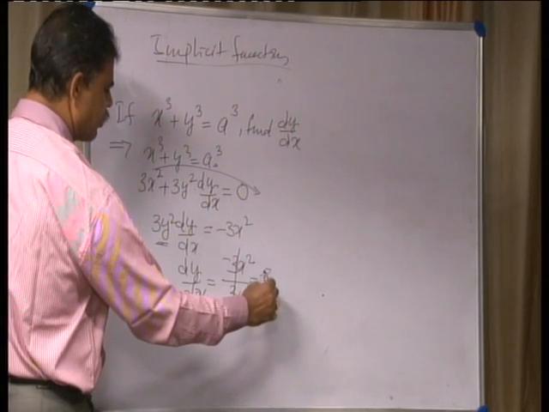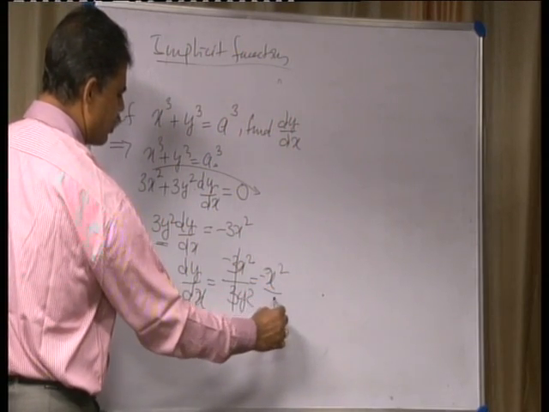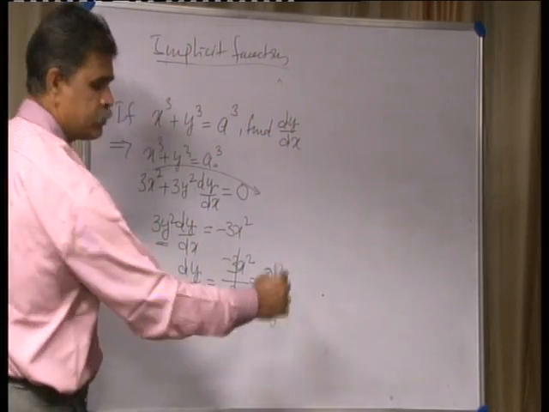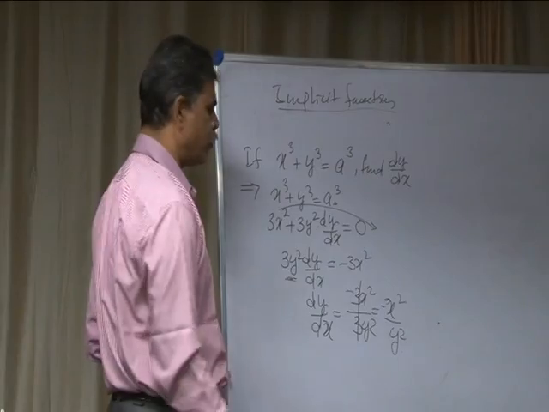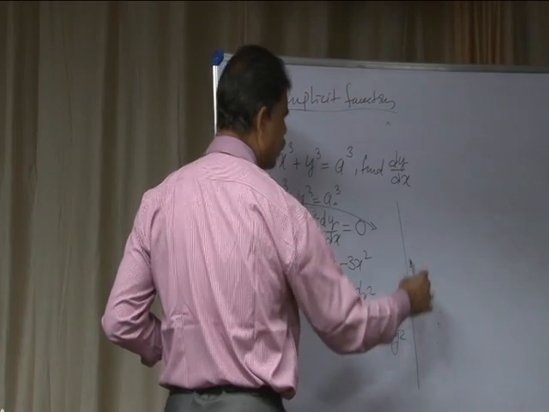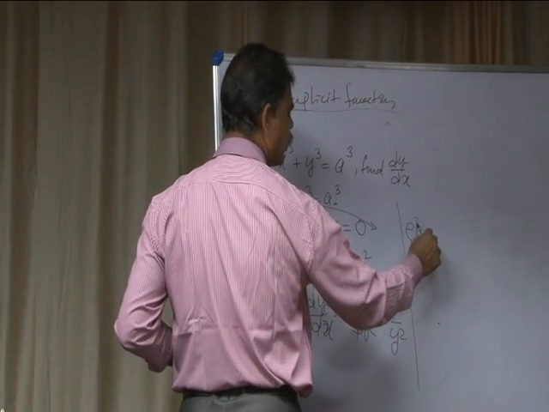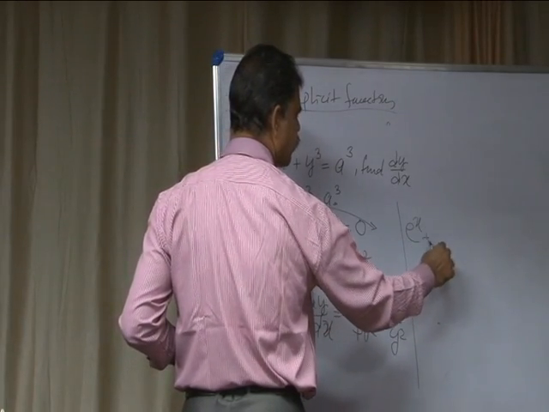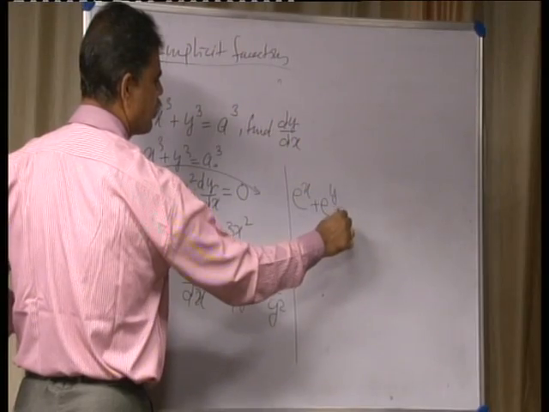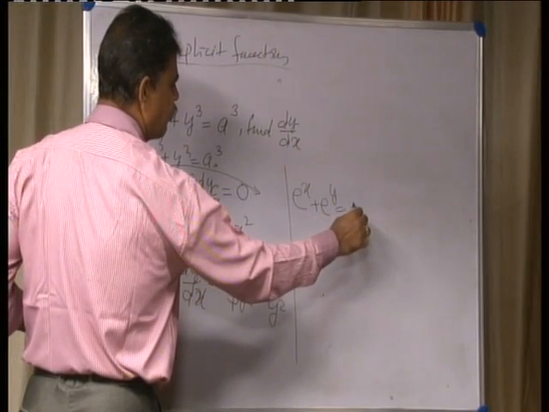Finally, the answer is minus x square divided by y square. This is one example. Take another simple example, e power x plus e power y is equal to 4.